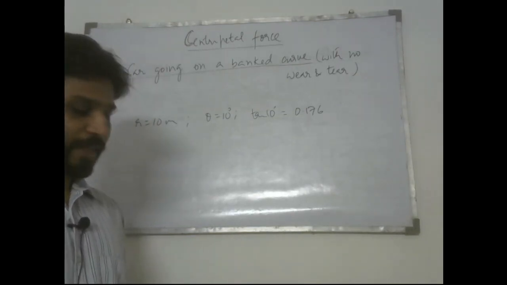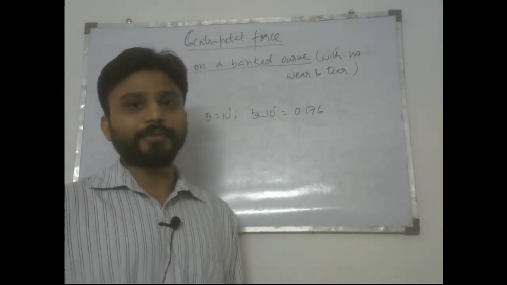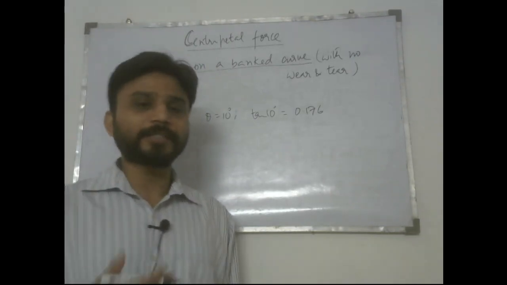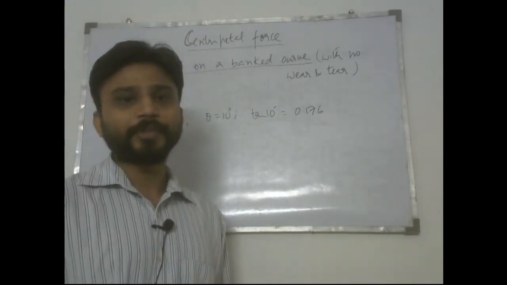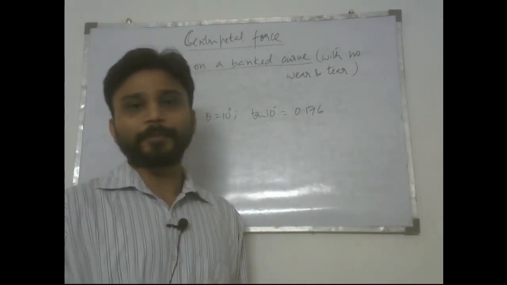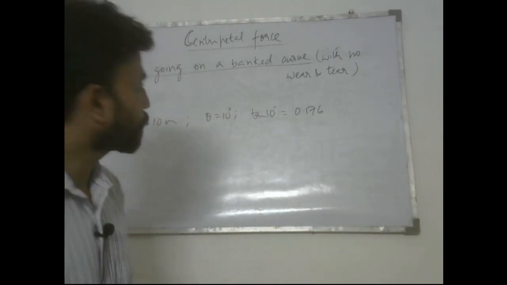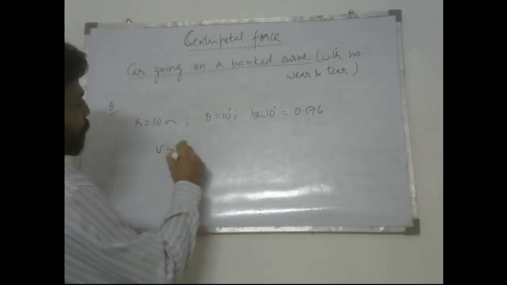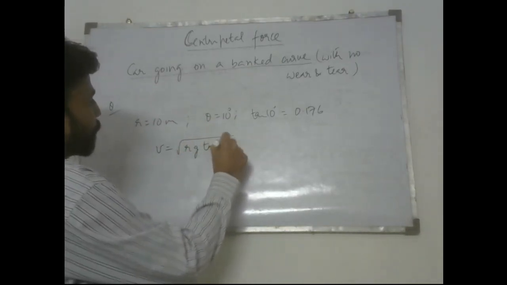So you have to find the speed of the car for which minimum wear and tear of tires is going to be there. So again, the condition for minimum wear and tear is that we do not require friction to act in this case. All the forces are being provided by the normal force. So the expression which we obtained was v is equal to square root of r g tan theta.